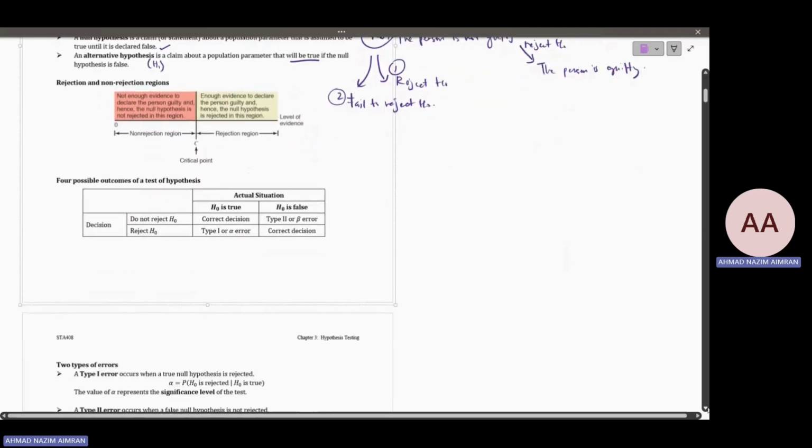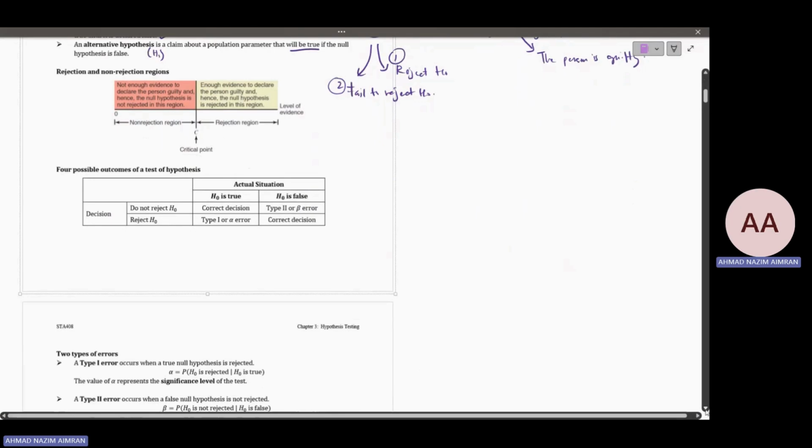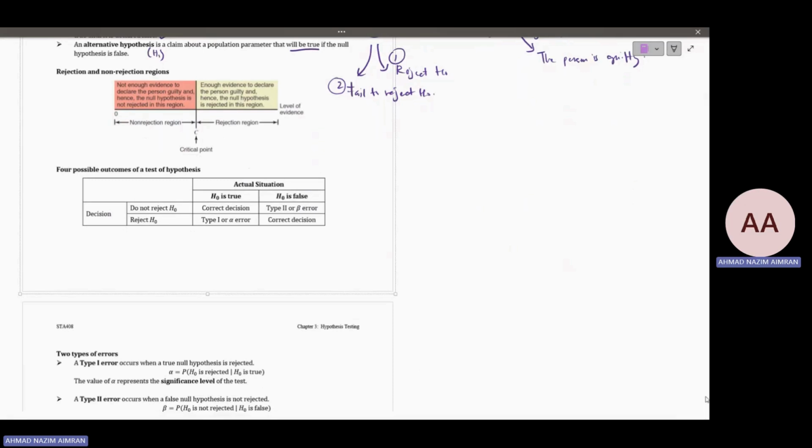In any statistical hypothesis testing, there are four possible outcomes.